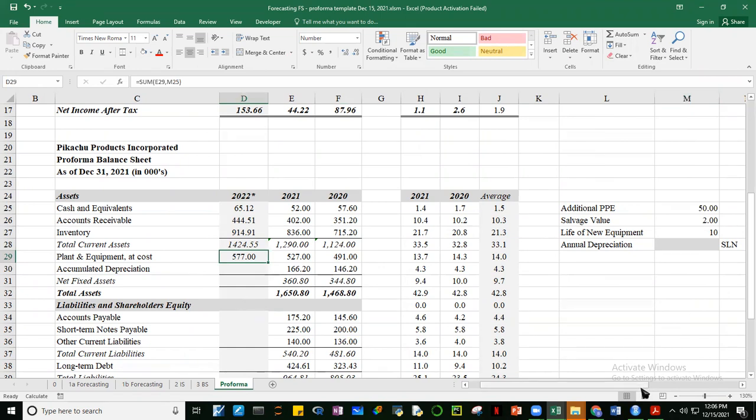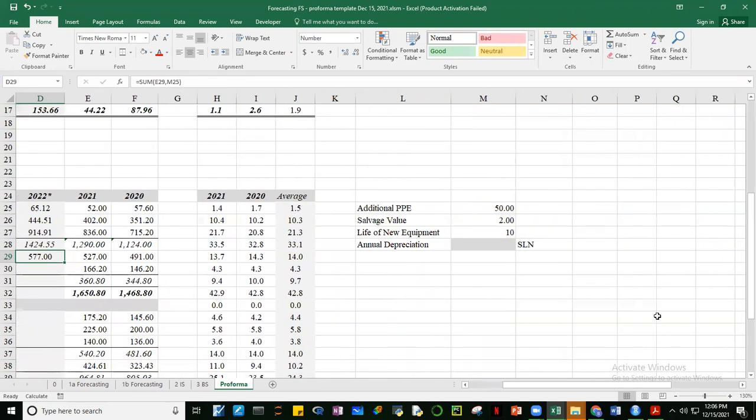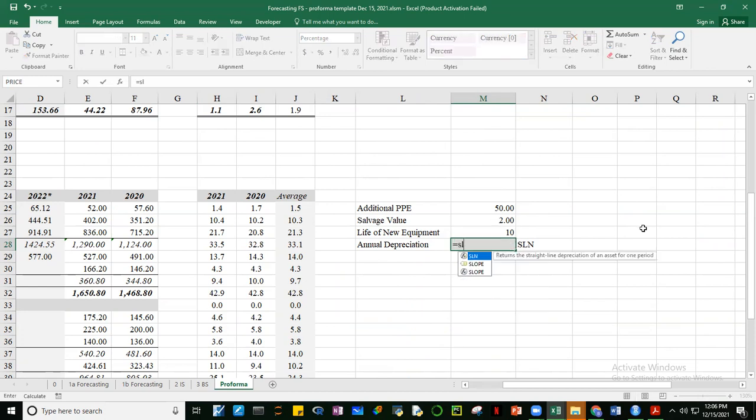Okay, so we have now to compute for the accumulated depreciation. Pero i-compute muna natin yung depreciation due to this new equipment. Given tayo that the salvage value is 2 million and then the life of the equipment will be 10 years. So alam niyo naman straight line, di ba? Original cost minus the salvage value divided by the life of the equipment. Pero gamitin natin si SLN ni Excel.